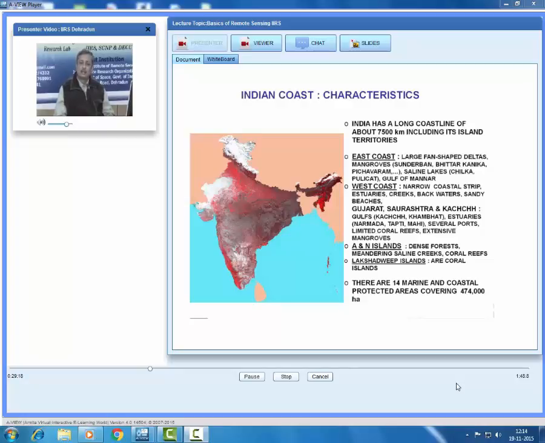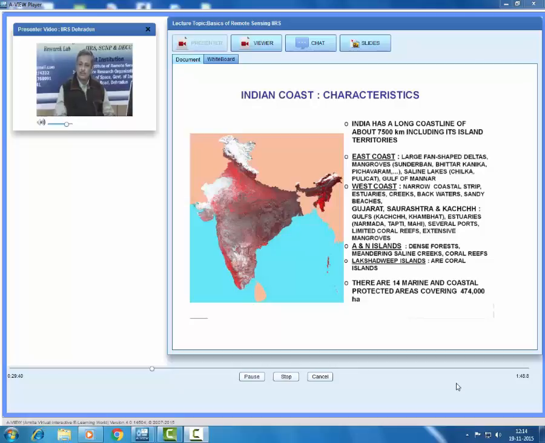There are deltas in Odisha, there are deltas in Andhra, and very huge mangroves in Odisha, in Bhitarkanika, in Sundarban, in Pichavaram. Also we have saline lakes like Chilka in Odisha and Pulikat in Andhra. We have Gulf of Mannar connecting to Sri Lanka.